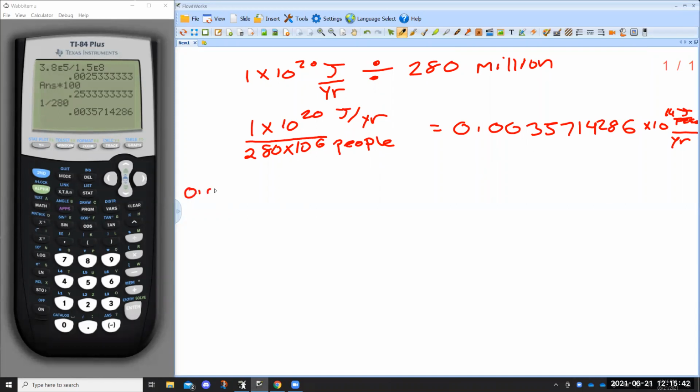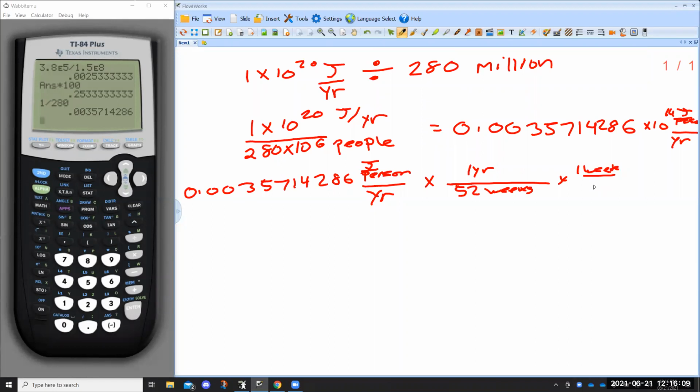We need to say that 1 year is 52 weeks. 1 week is 7 days. 1 day is 24 hours. And each hour is 3,600 seconds.